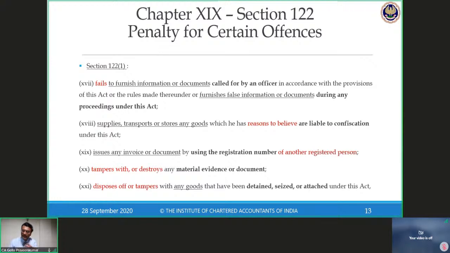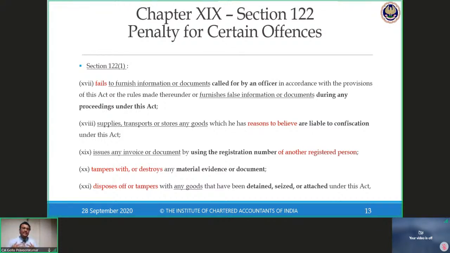Sridhar raised a question: Sir, is it a responsibility on the department officer, or is it a responsibility on the assessee to establish that the intention, the culpable mental state, does not exist? Please write these technical terms, culpable mental state. How do we establish that this mental state does not exist to evade payment of tax?